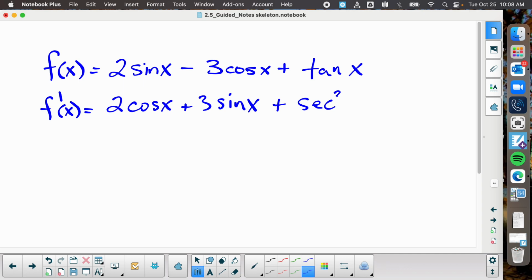Perfect. I know you guys are generally terrified of trig, but trig derivatives are super easy. They're predetermined derivatives, so it's not even something you figure out. You just already know what the derivative is. That honestly should cover just about anything that you should see in the homework.